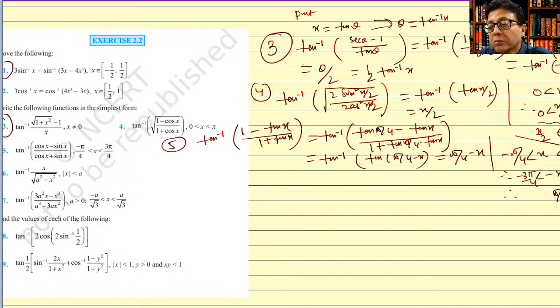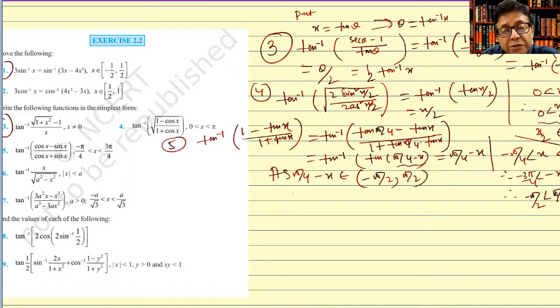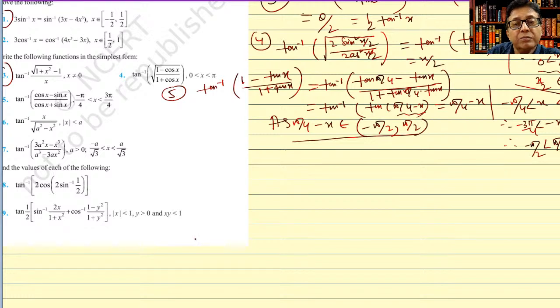Pi by 4 minus 3 pi by 4 is minus pi by 2, and this thing is pi by 2. Okay? So this angle belongs to the principal value branch. This belongs to the interval minus pi by 2 to pi by 2, which is the principal value branch for tan inverse. We can write this. Okay?